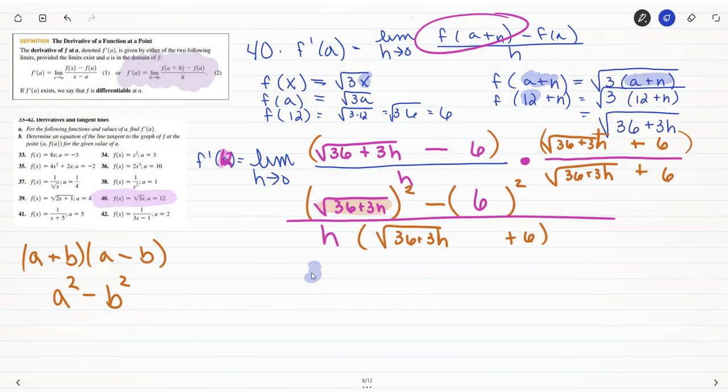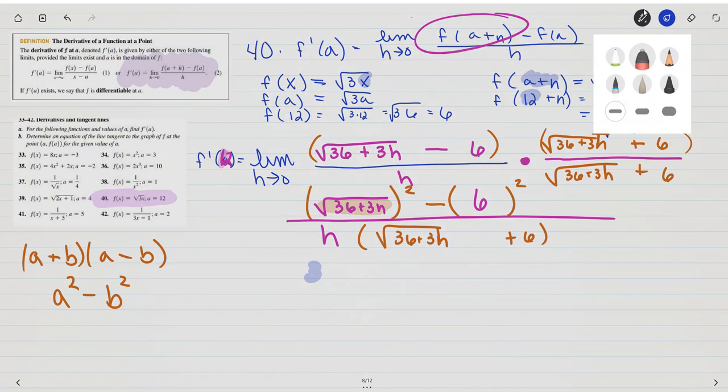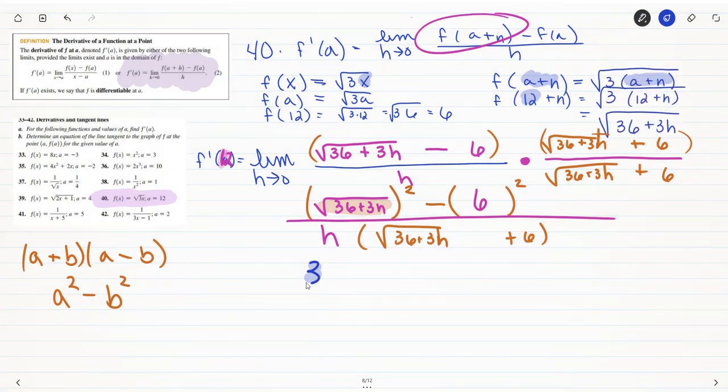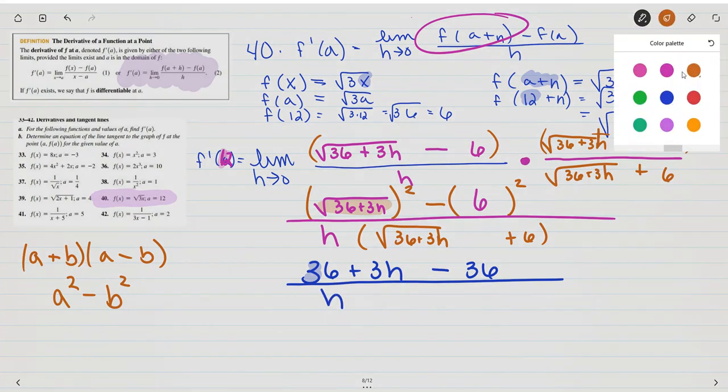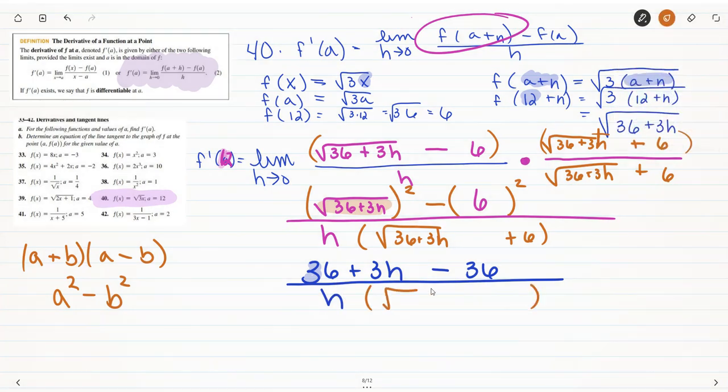So we're going to get the 36 plus 3h minus 6 squared, all over h times the square root of 36 plus 3h, that's all in the radical, plus 6. Make sure you're clear that the radicand is the whole 36 plus 3h. The 6 is outside that radicand.